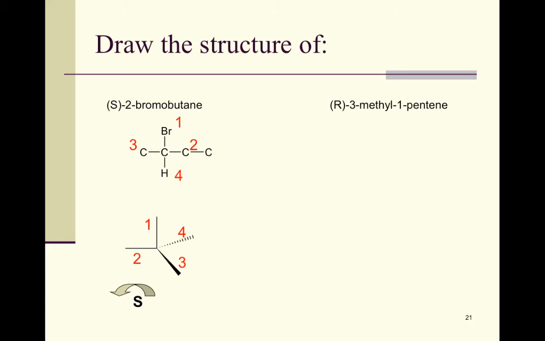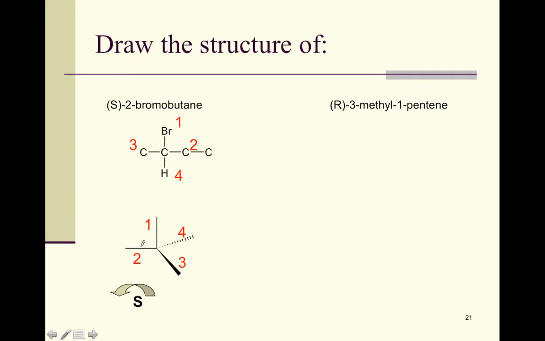Now that we have established the numbering system, the priorities, what I like to do when I'm asked to draw the S or the R form of something is I like to have a pattern ready to go. I like to do this systematically. Now, you can see that there's actually 4 different ways you can do this because there's 4 different R groups. What I like to do is draw this line here going up and down, and this one here to the left.